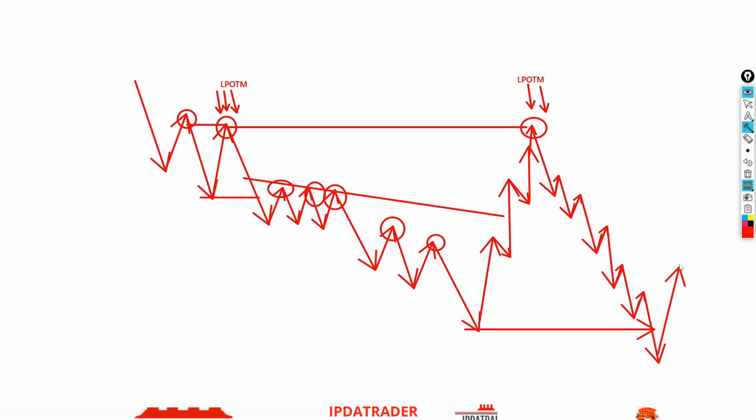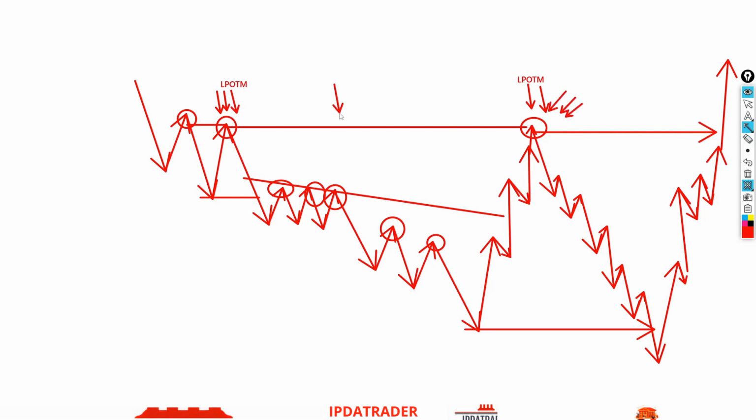As long as you don't break that structure point, you're still valid for sells and you can still expect sells. Now, the moment that gets breached is where you can have a potential shift. If you then break that point, you can safely say that the institutions no longer have interest in selling the market. Why? Because if they did have interest in selling, they would have protected this high, because this is where they last mitigated.